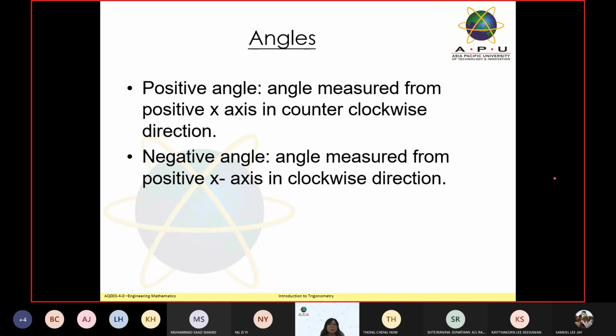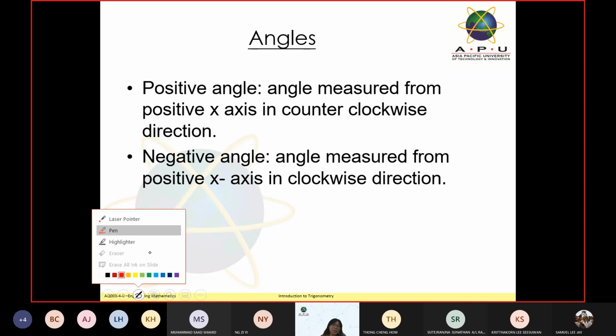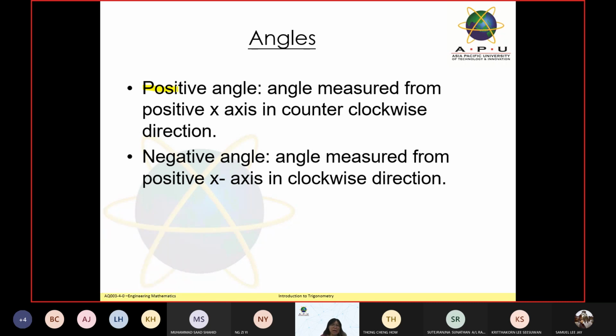For the next one, it's about the positive angle and the negative angle. When it comes to angles, sometimes the sign is positive, sometimes it is negative. So what can we understand from a positive sign and a negative sign for the angle? As a recap, a positive angle means the angle is measured from the positive x-axis in the counterclockwise direction.